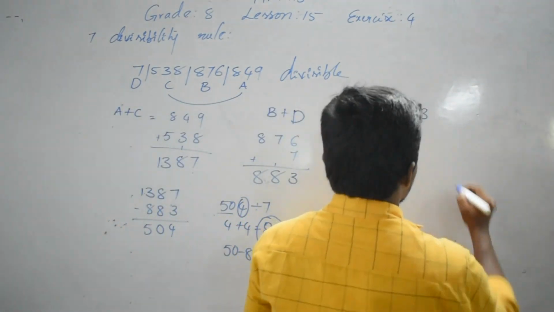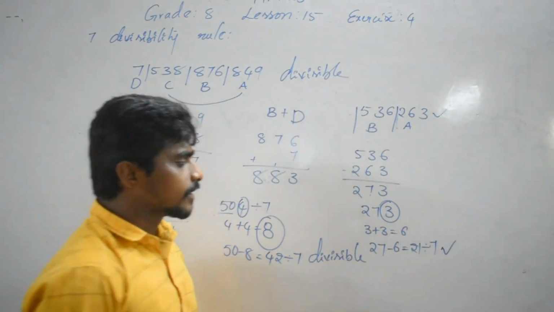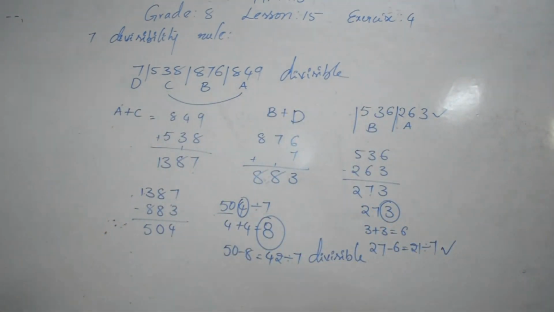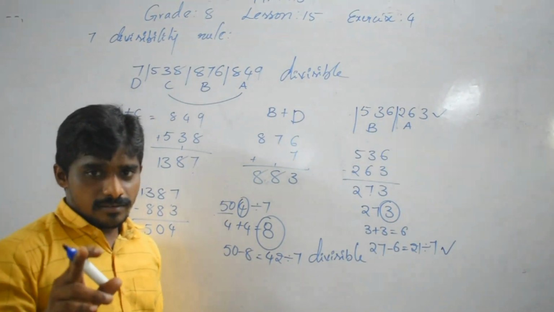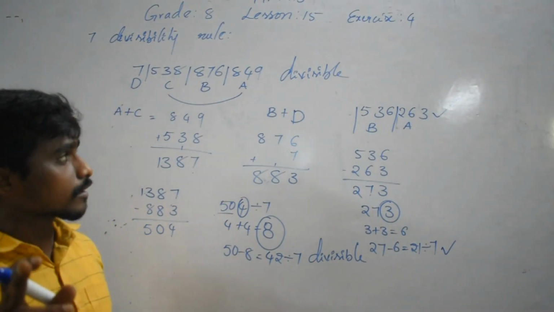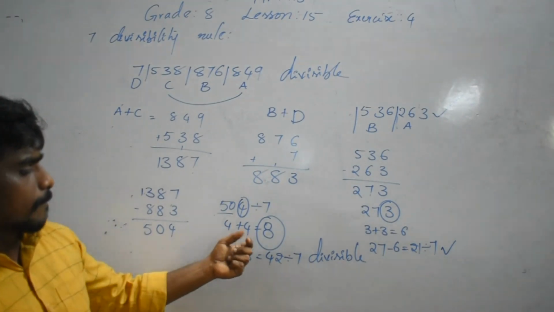Divisible. So this is also divisible. This is the 7 divisibility rule. Is it clear? I hope you understand both.